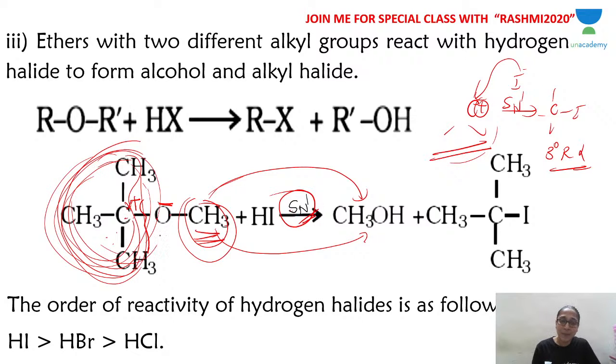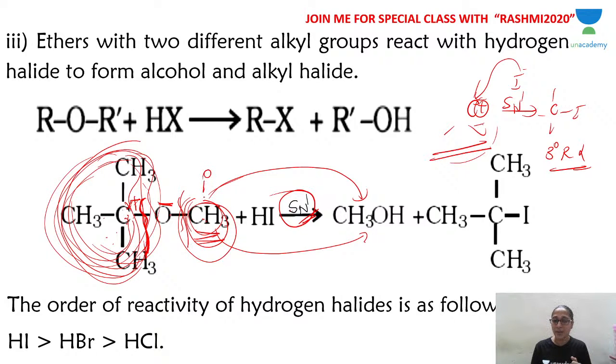So the substituted alkyl group follows tertiary carbocation. You may ask what happens if this bond breaks.